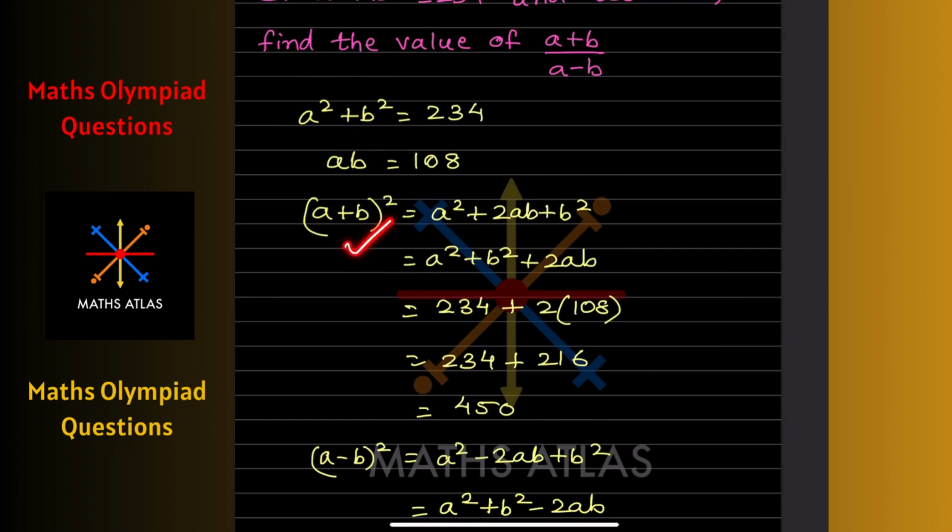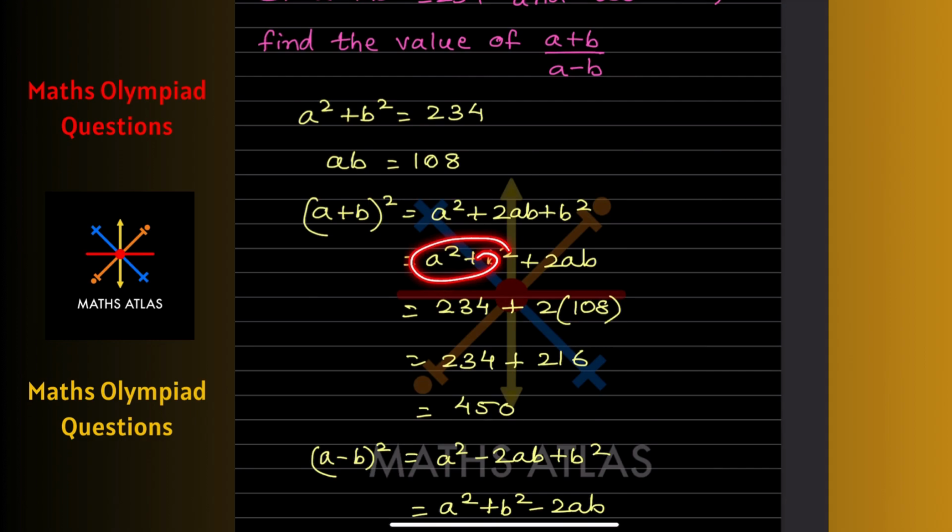a plus b whole bracket square, that is a square plus 2ab plus b square. So we can write this formula by taking these together and putting the 2ab at the side. Now see here, after putting together, a square plus b square is already given over here. So that is 234.